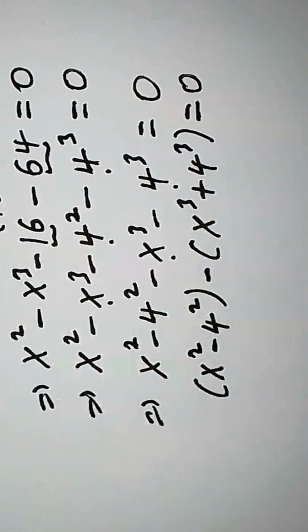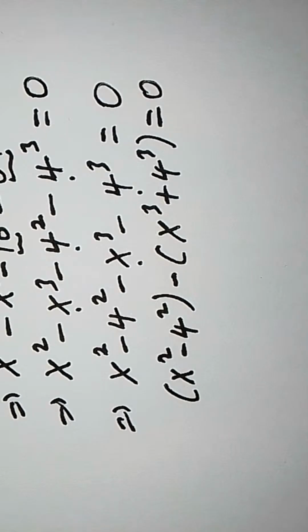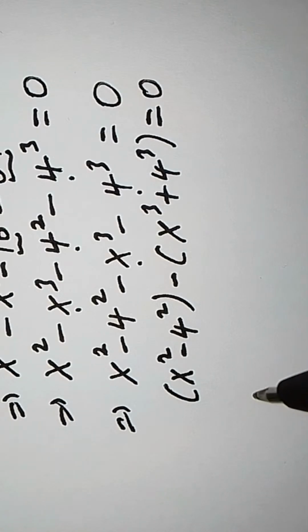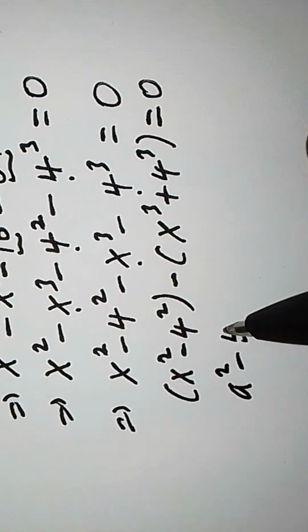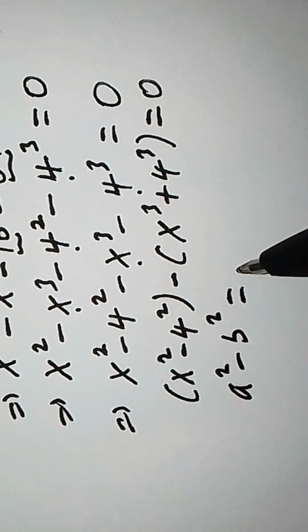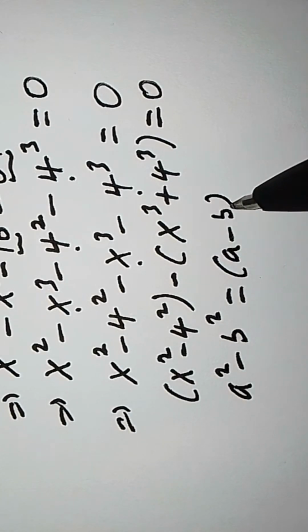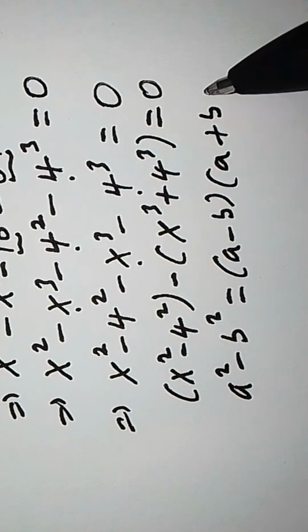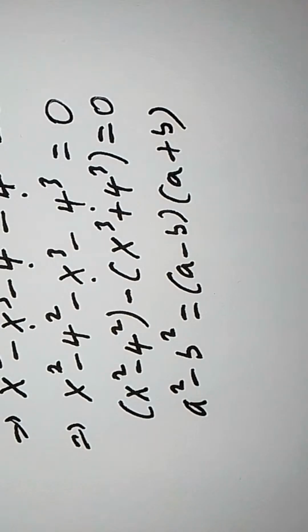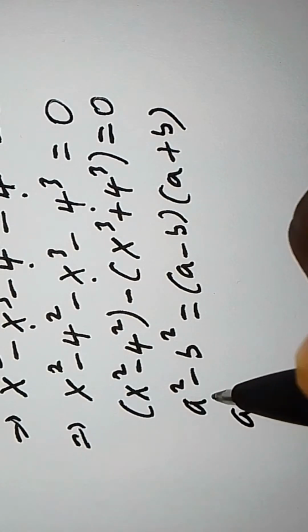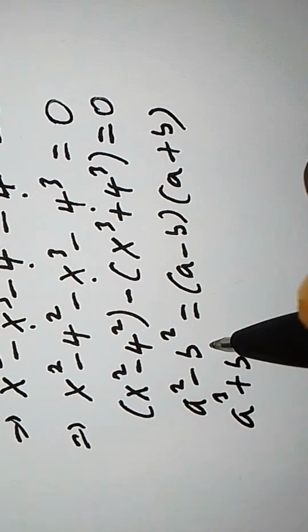Let's proceed further. At this stage, we have to recall very beautiful properties. The first one is a squared minus b squared. This could be written as a minus b times a plus b. The second property is the sum of two cubes, a cubed plus b cubed.